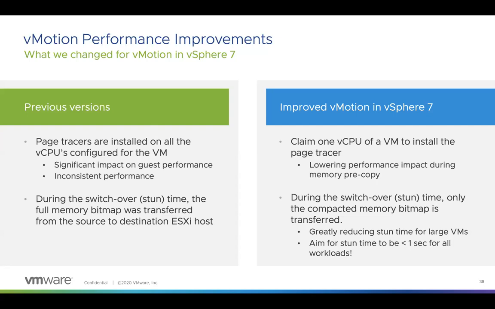As I mentioned for the stun time, the goal for us is to be less than 1 second even for a large scale workload with some 256 vCPUs and 6 TB of RAM. Even for such workloads, we are aiming to have the stun time less than 1 second. That is where we have done optimizations with vMotion in terms of vSphere 7 capability.